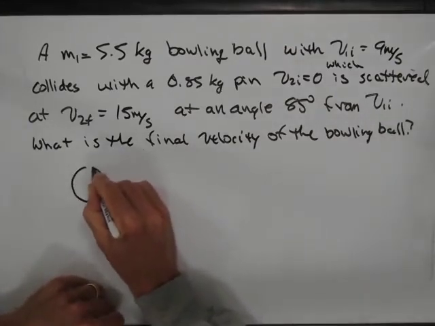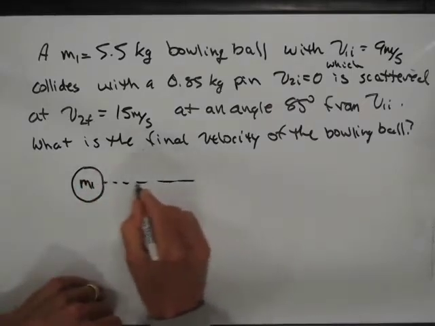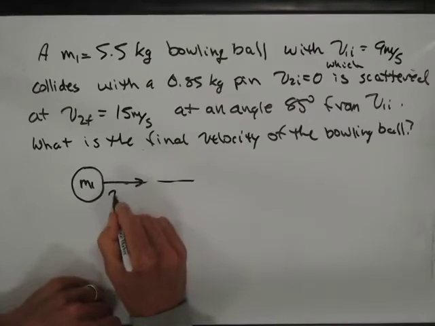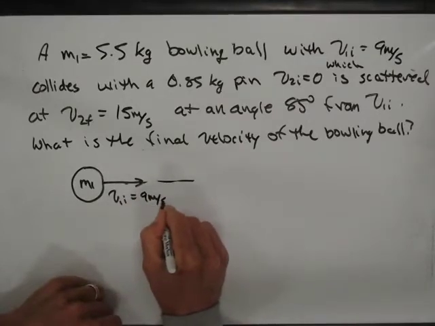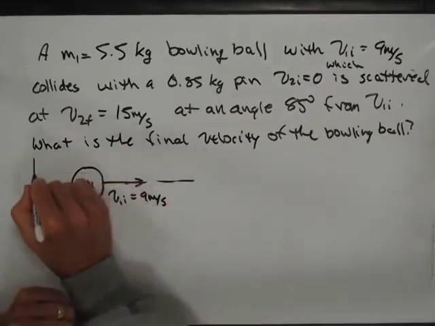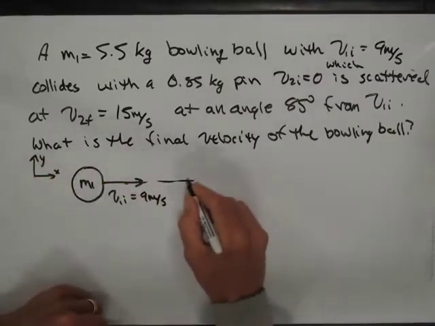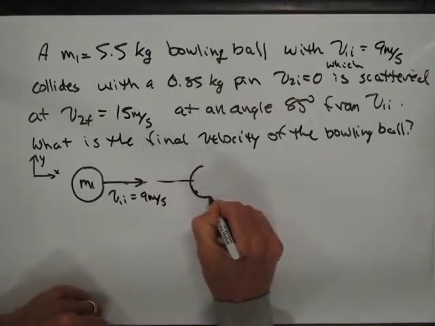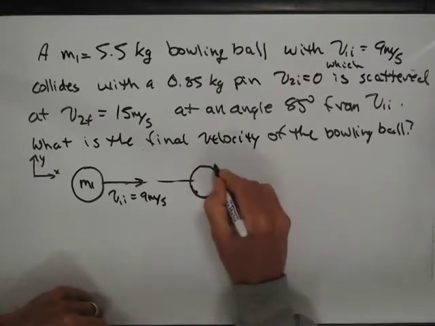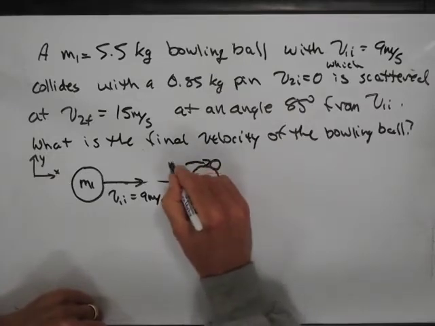So we'll put the bowling ball, this is M1, and it's traveling this way, right? And it's got V1 initial equals 9 meters per second. I'll set up my coordinate system like this. This is y and this is x. And then it gets to here and collides with a pin. This is M1, and that guy is M2.